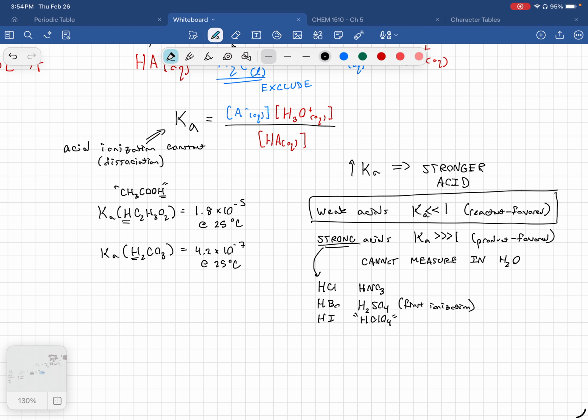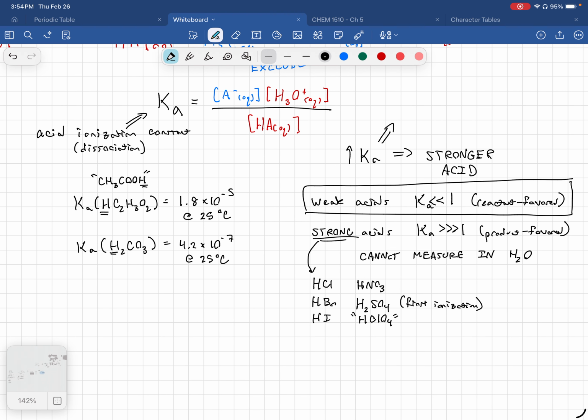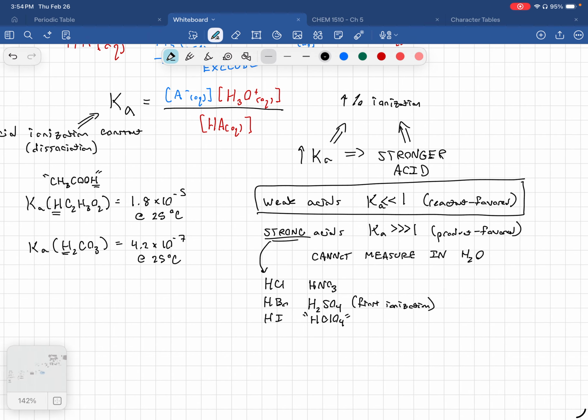There's something else we'll talk about later, but with increasing Ka and increasing strength of acid, we typically get an increase in the percent ionization. Okay? So stronger acids, greater percent ionization.